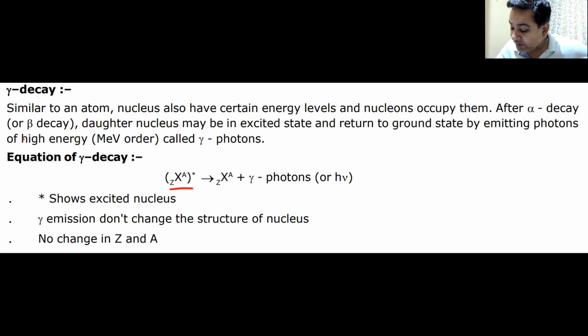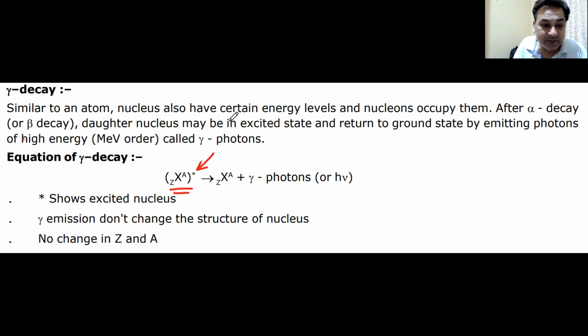As you can see here, this star means that it is at the excited state. Do you see this star? Yes, sir. This star tells us that the nucleus that has been formed is at an excited state.